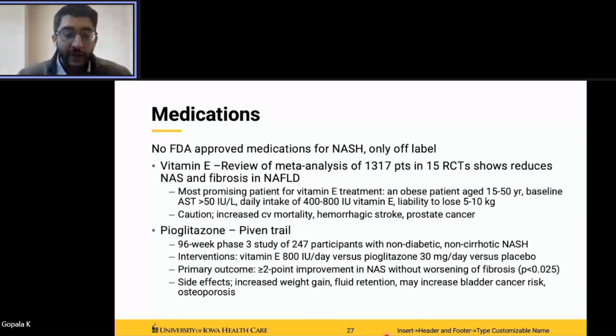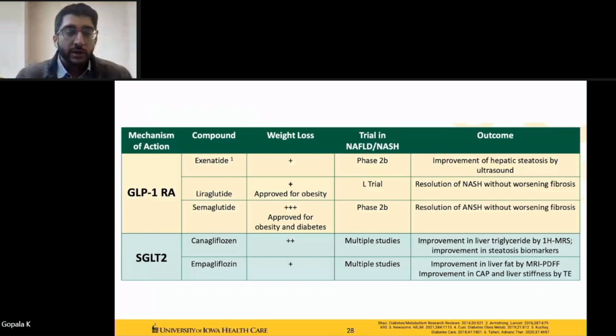Some of the side effects include weight gain, fluid retention, possible risk of bladder cancer, and osteoporosis. So what about GLP-1 and SGLT2 medications? Basically, they've shown benefits. They've not made it into the guidelines yet, but if you have an excuse to use these medications, I would recommend using them.